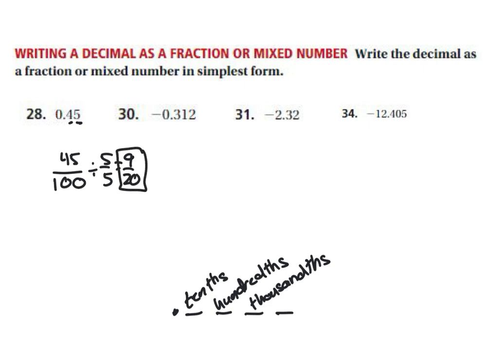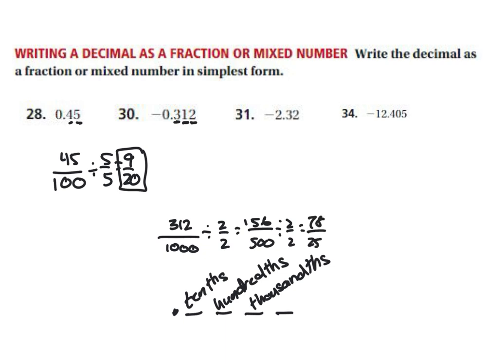For question 30, we have a place value in the tenths, the hundredths, and the thousandths. So our denominator will be 1,000, and our numerator is 312. If we simplify, we could always start by dividing by 2 over 2. We get 156 over 500. We could divide by 2 over 2 again, and we get 78 over 250.